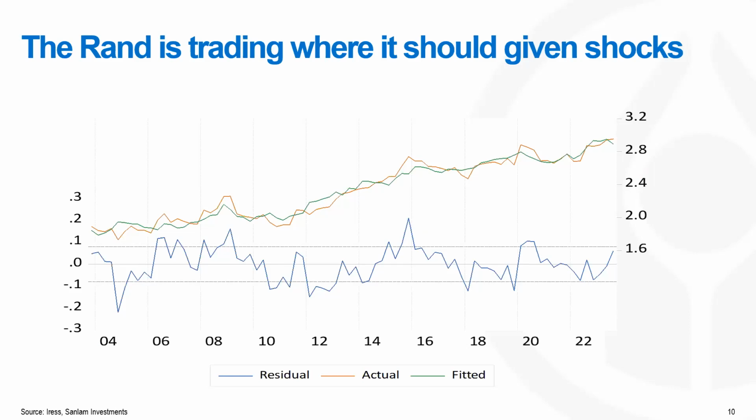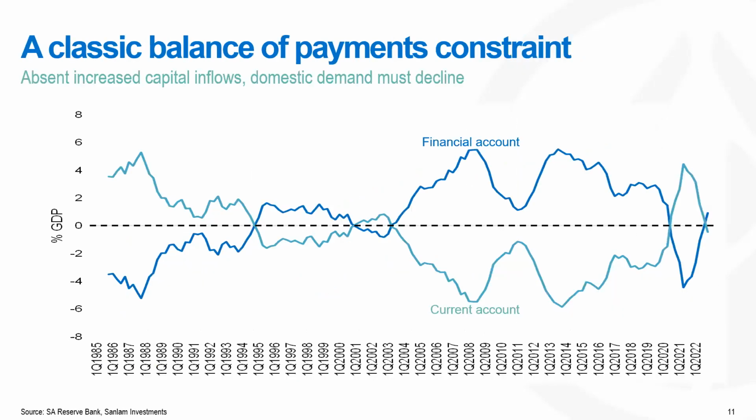It has stabilized a bit now, but it's hardly exciting. And what we've seen, obviously, is electricity load shedding and the impact that that has had. Empirically, one can actually see that impact on the currency. So given those factors, we're not too surprised to see the rand trading where it is, especially since there have been other factors in the background as well, curbing capital inflows.